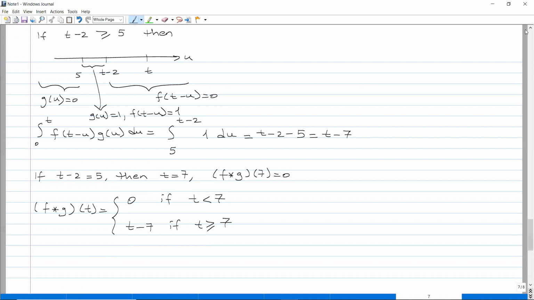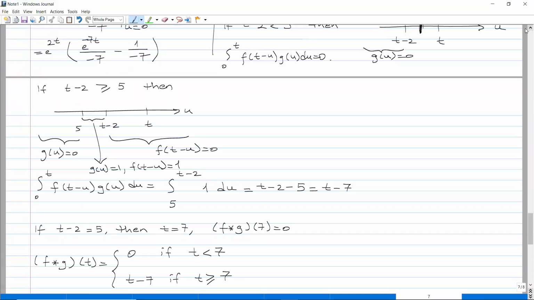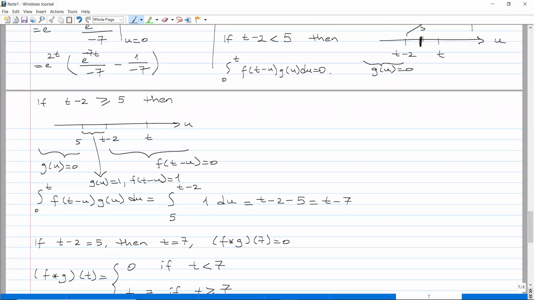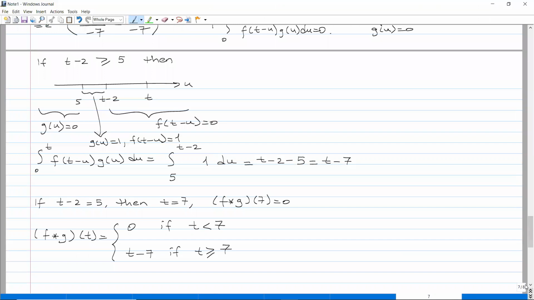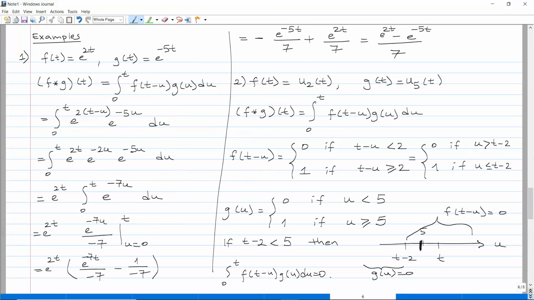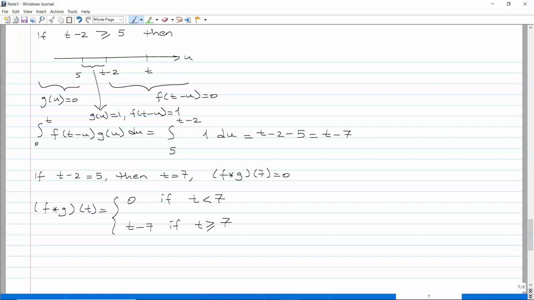It is 0 if t minus 2 is less than 5. So when t is less than 7, it is 0, and otherwise it is t minus 7. Okay. So we can also write this as t minus 7 times u sub 7 of t.